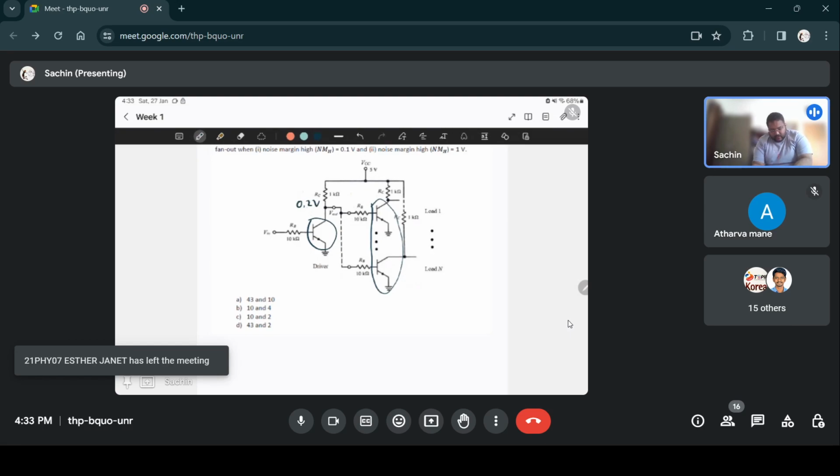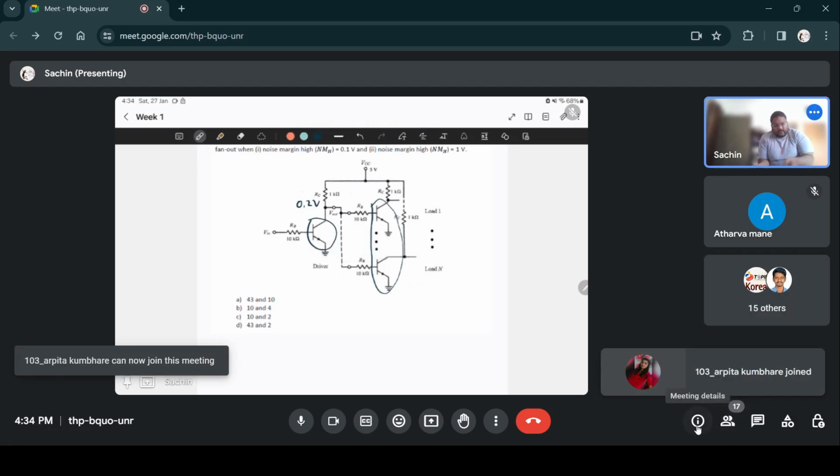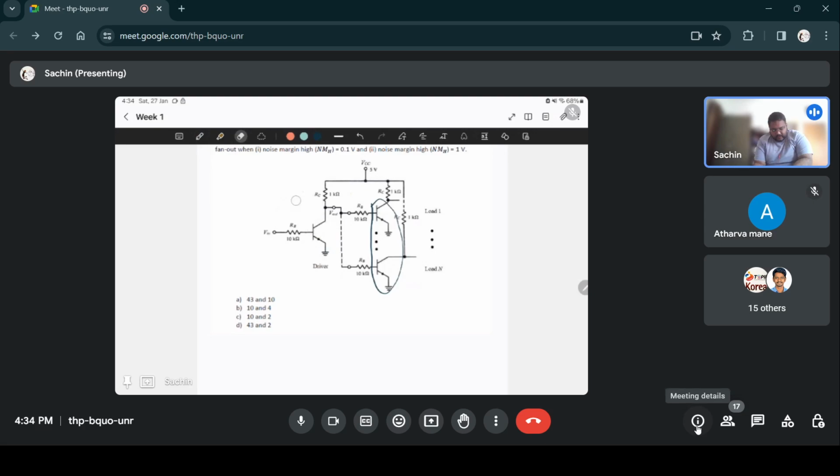This will be low regardless of how many transistors you connect, because even if you connect more transistors, the current division will make it so that there is lower current to each of the transistors, which is fine because the input to all those transistors should be low, right? So if we get even lower current by connecting more transistors, it's fine. So when the input is high, you don't face any problem.